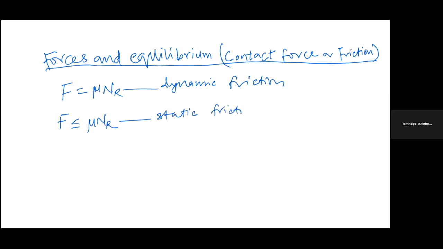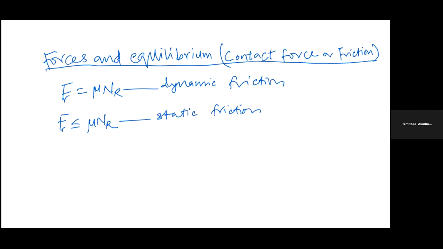So I believe you still remember that. Let me use FR to denote frictional force, mu coefficient of friction, NR normal reaction. So take note of this. The reason why you must take note of this is if questions say find the static friction, it's just the way you express it.